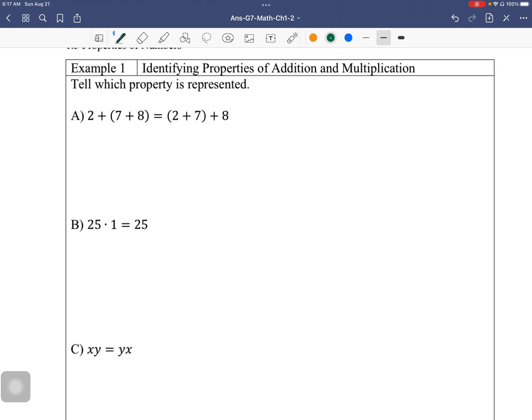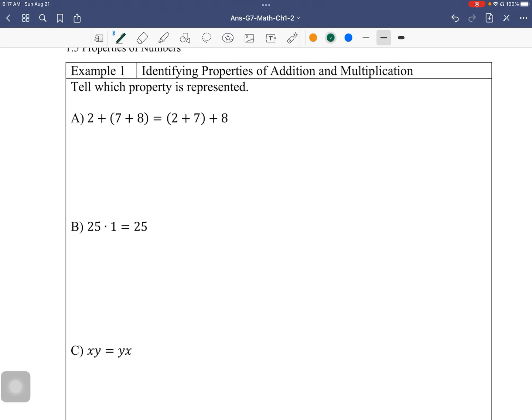So here example 1, identifying properties of addition and multiplication. Okay, so we want to see which property is represented. So 2 plus parenthesis 7 plus 8 equals 2 plus 7 parenthesis plus 8. We see that we both have parenthesis, it's just the position switches. So this is what we say associative property.